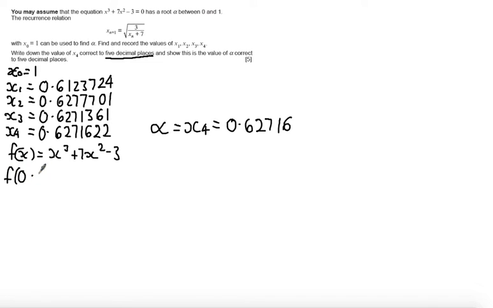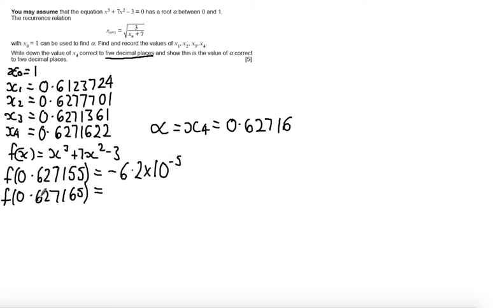So we're going to evaluate f of 0.627155 as the lower bound, and I'm going to evaluate f of 0.627165 as the upper bound that would round down to our root to 5 decimal places. Now, if I substitute into my calculator into the function 0.627155, I will get a value of minus 6.2 times 10 to the power of minus 5.